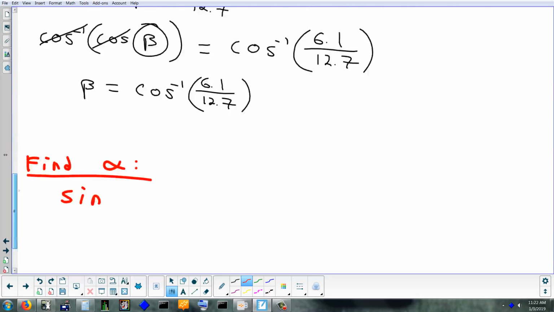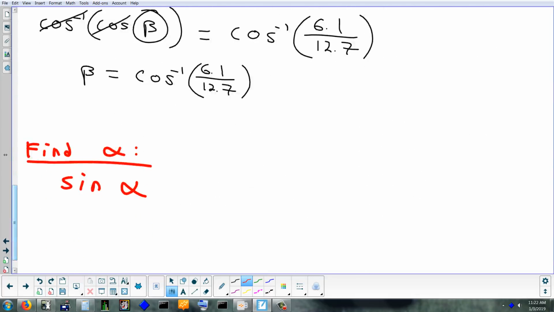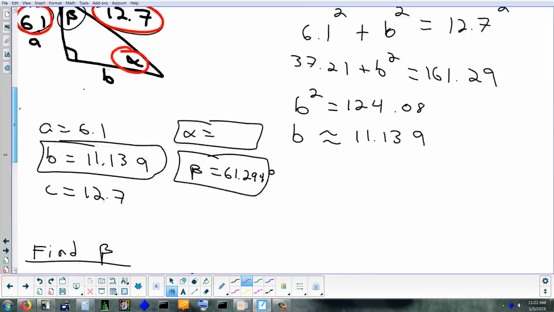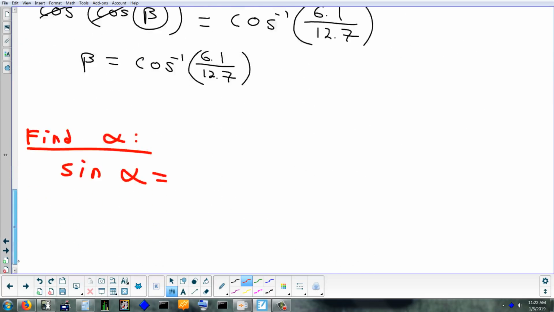Okay, so we're going to write down sine of my angle, which in this case is alpha, equals, and Nate, what's going to go on the other side of the equation? Sine of alpha equals 6.1 over 12.7.